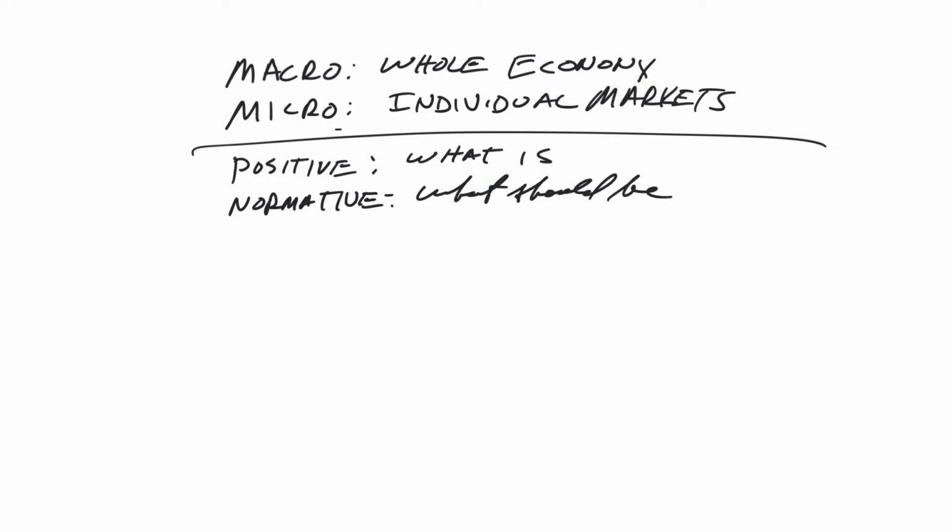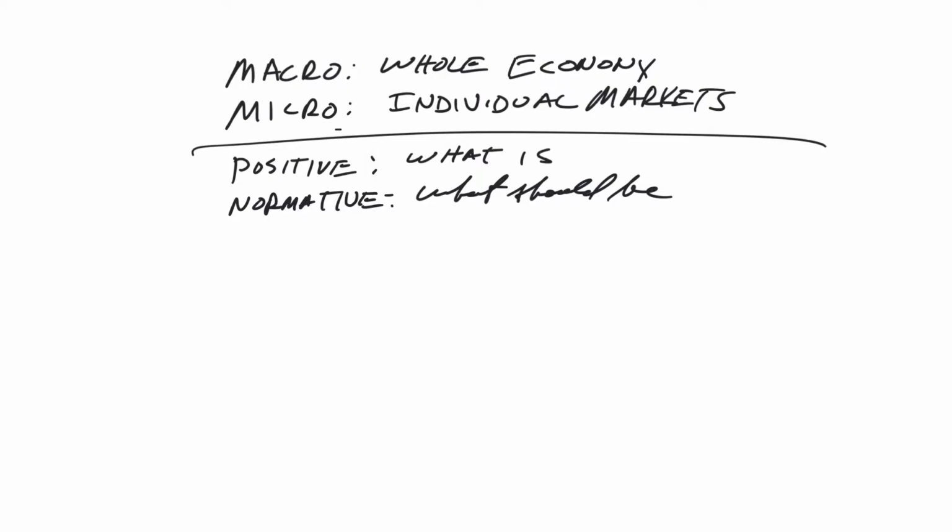So positive economics will make a claim about, if interest rates fall, then demand for homes increases, okay? That kind of thing. 2 + 2 = 7. That's positive economics.